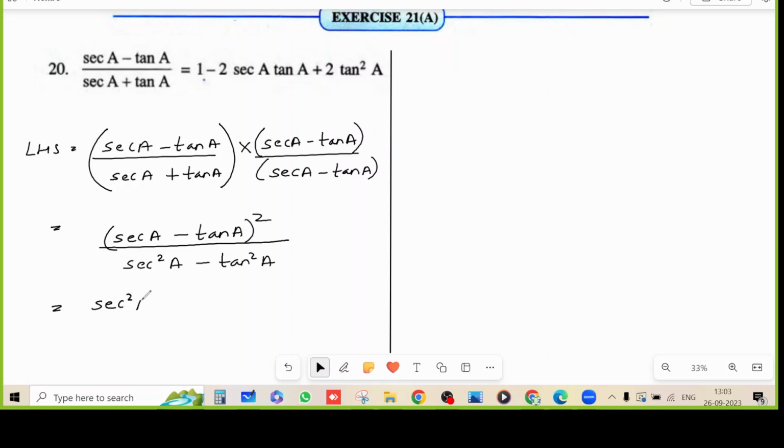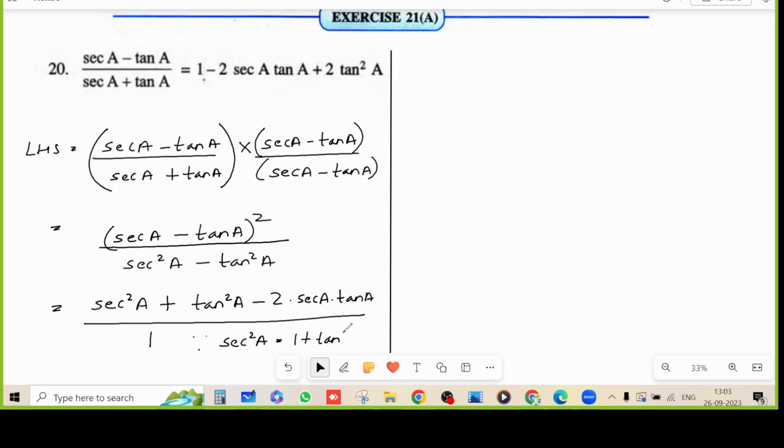So this will become sec square A plus tan square A minus 2 into sec A into tan A, and the denominator here will become equal to 1 because of the trigonometric identity that sec square A is equal to 1 plus tan square A. That means sec square A minus tan square A is equal to 1. So we are substituting the value over here.